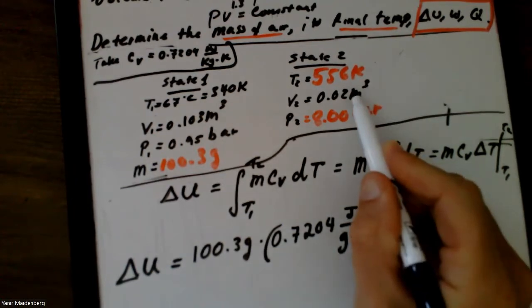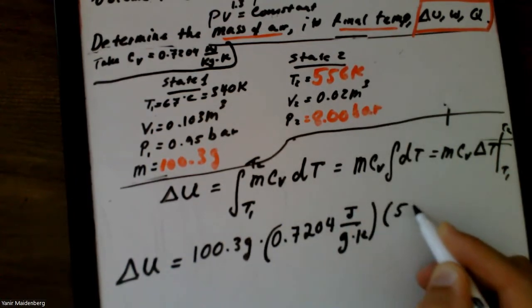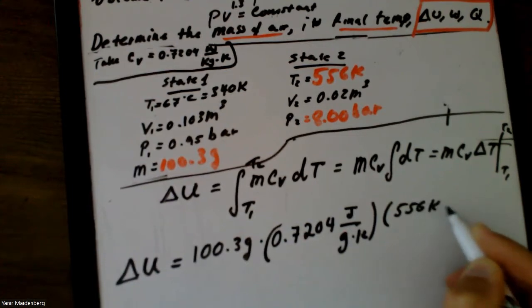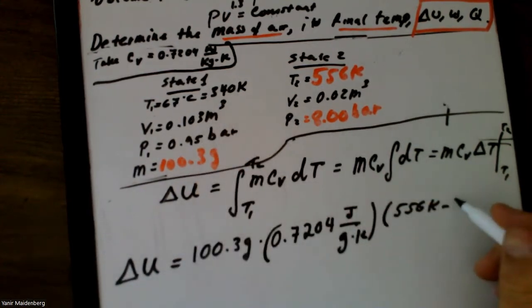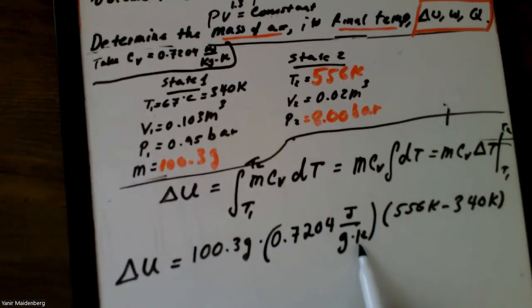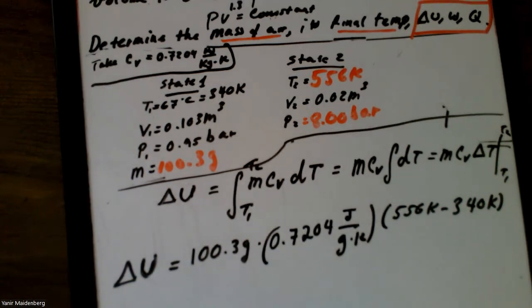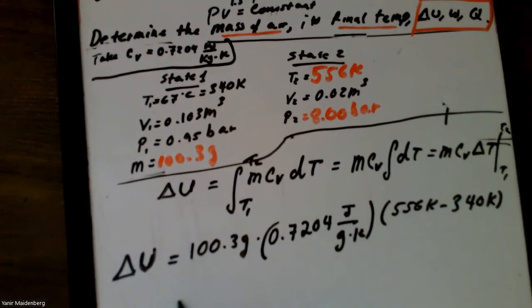And we know that the final temperature is 556 minus 340 is the initial temperature. And so the kelvins will cancel the kelvins, the grams will cancel the grams, and I'm going to get delta U in joules. And I was wrong. This is total U because I'm multiplying it by the mass. This is not specific internal energy, it's just total internal energy, which is what we want.